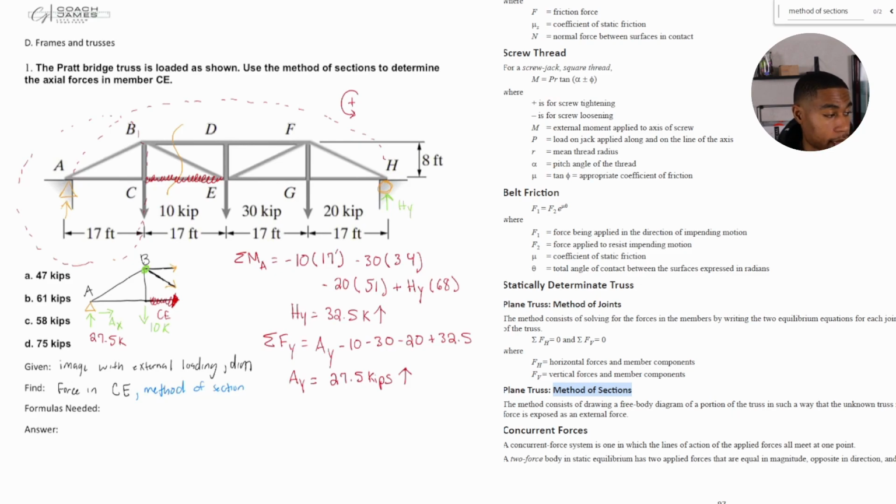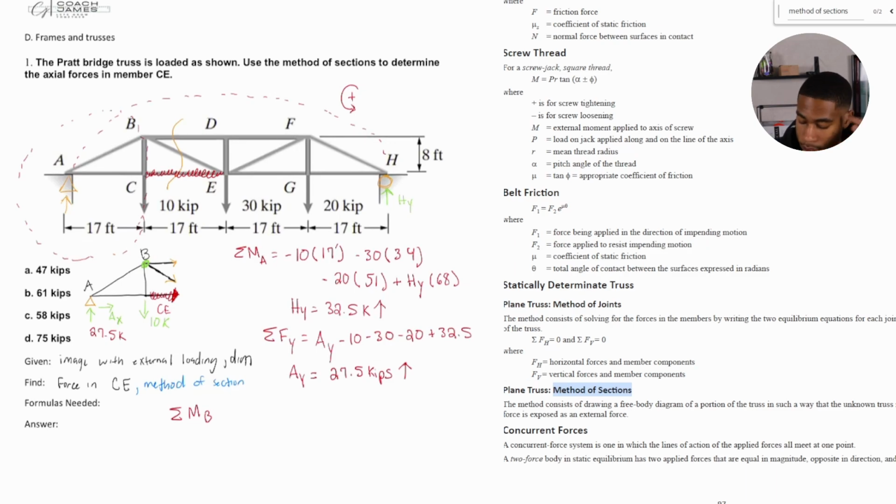So now that we know that, we can see if we can take a moment at B, right? So if I take a moment at B, let's look at it. Sum of the moment at B is equal to, if I'm going upwards around B, it's going to be a negative moment because it's clockwise, right?